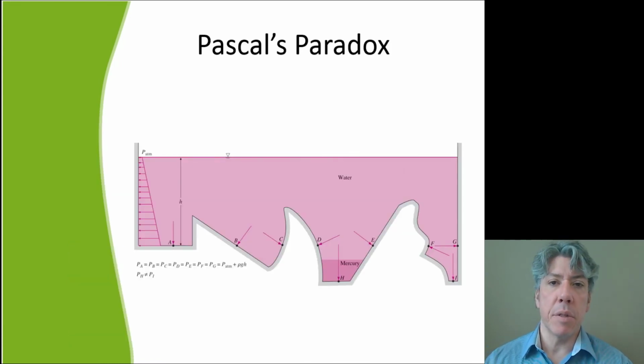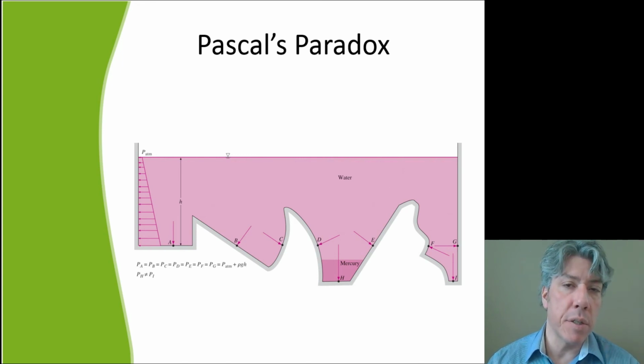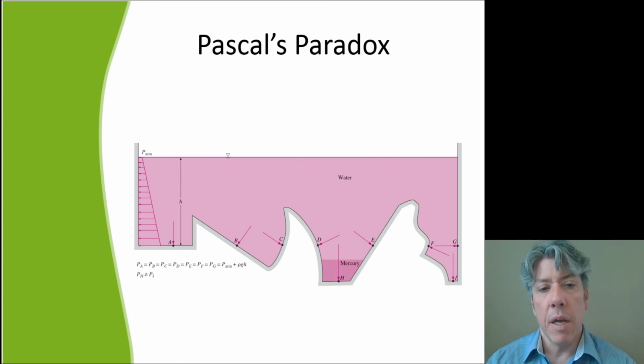Pascal's paradox is an interesting consideration when we're talking about pressure. Pascal's paradox is the idea that the shape of the container doesn't actually affect pressure. It's the depth of the fluid, at least in a static fluid, that determines pressure. So as you move down in a fluid, the pressure increases, assuming you're within a gravity field.